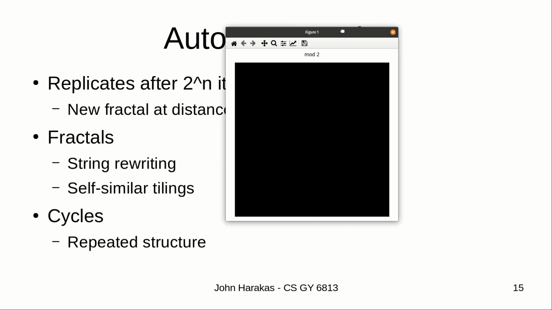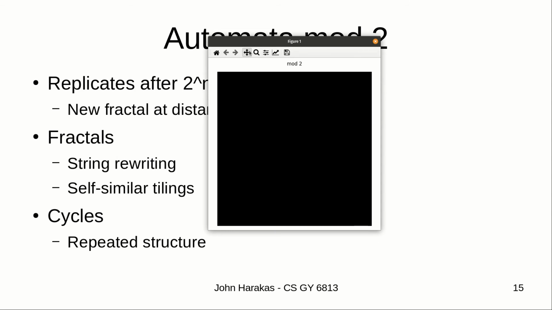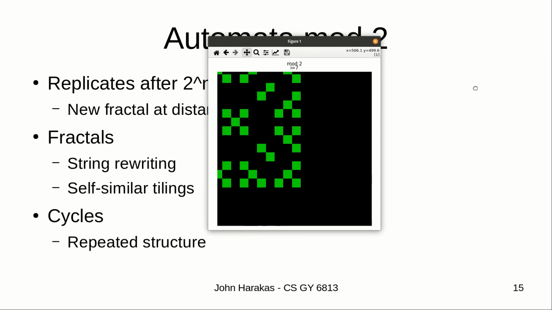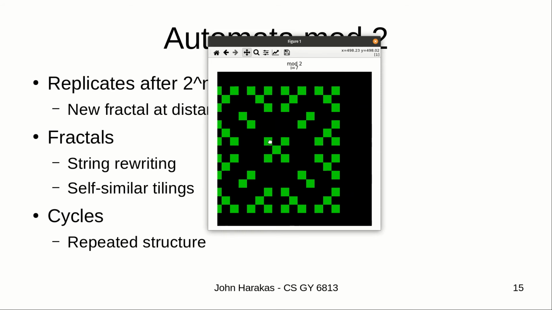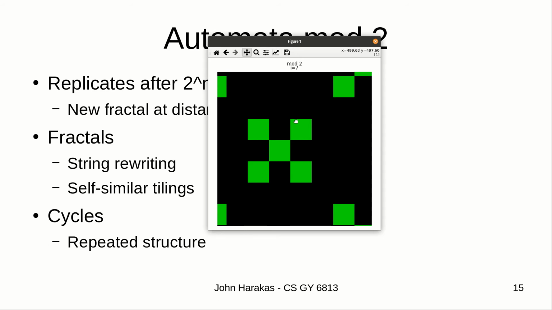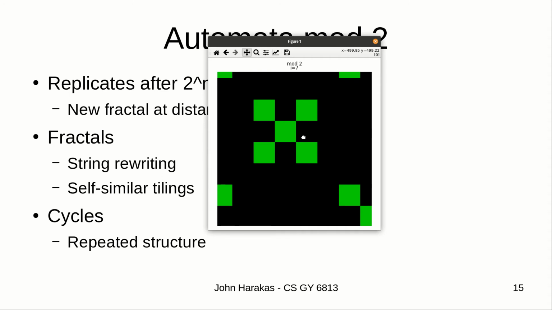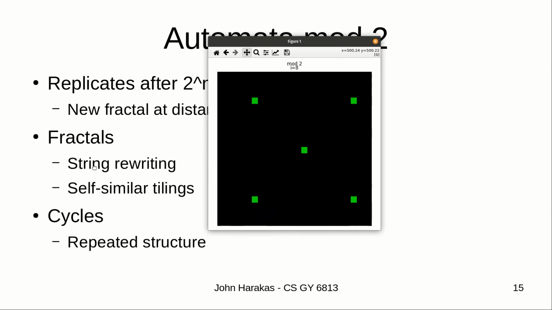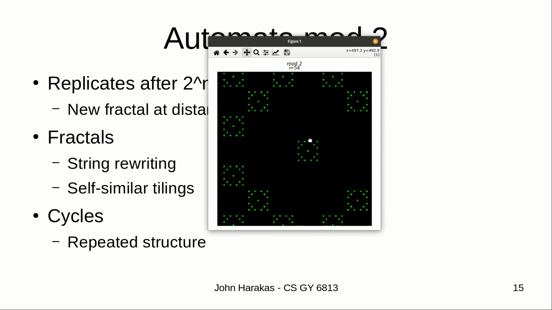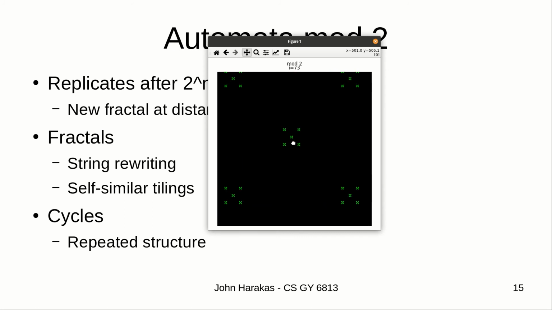Next up, let's try a slightly different configuration. Well, a different neighborhood at least. It's computing the next state based on the corners right there, right there, right there, right there, and so it's got slightly different behavior.